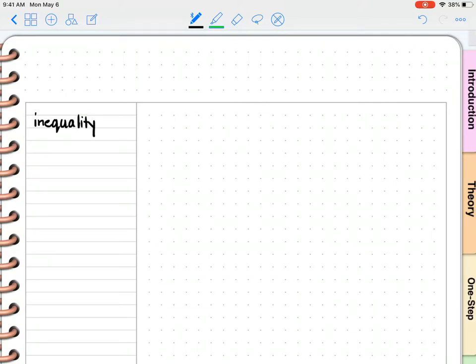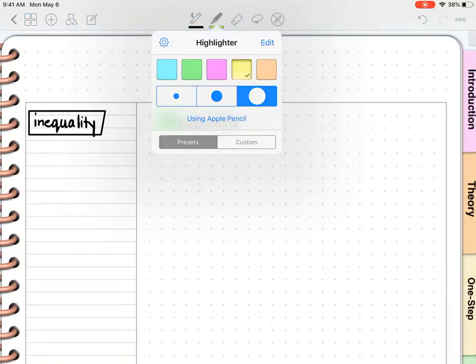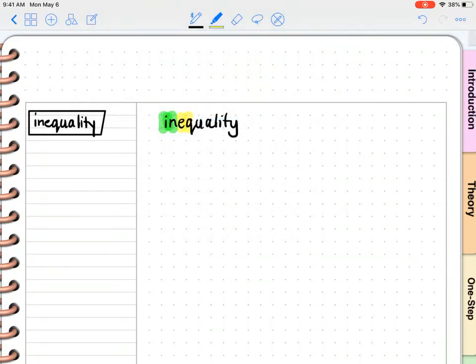And let's break this down with some English and figure out what this word means, because that will help you understand the concept. Okay, the first thing I want you to notice is right here. In equal. All right.